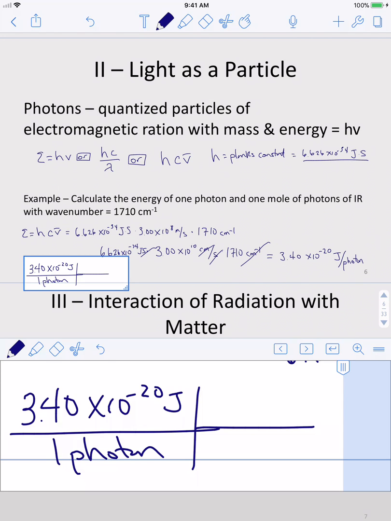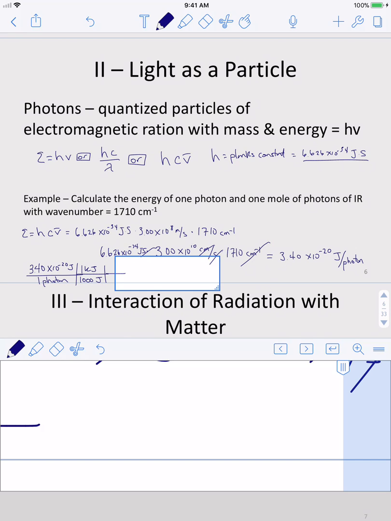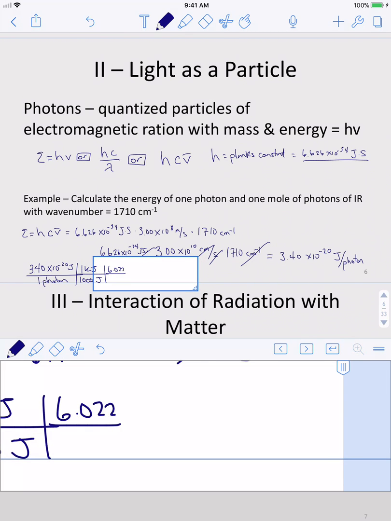We're going to convert joules to kilojoules because it's going to give us a nice integer-like number. 1 kilojoule is 1,000 joules. And then now we want to get rid of photons, so we have 6.022 times 10 to the 23rd photons in 1 mole of photons.